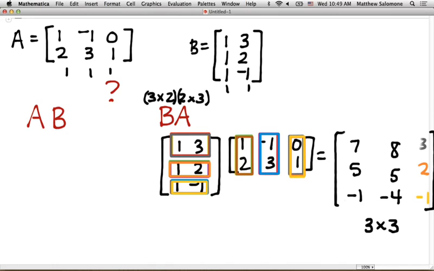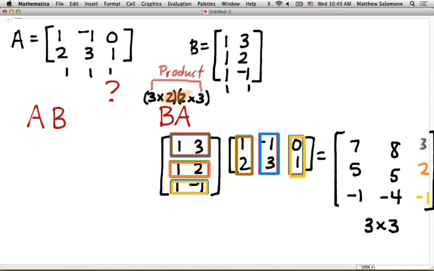So how could we have known what size, what dimension our product had? Where do we get 3 by 3 out of this? Yeah, these ones in the middle we forget about, and we get 3 by 3 for the dimension of our product. So the product is 3 by 3. And the 2's in the middle get so-called crossed out. We can kind of forget about them.